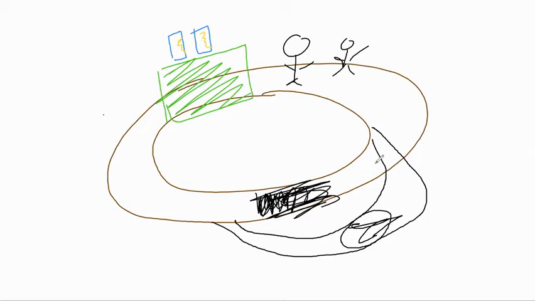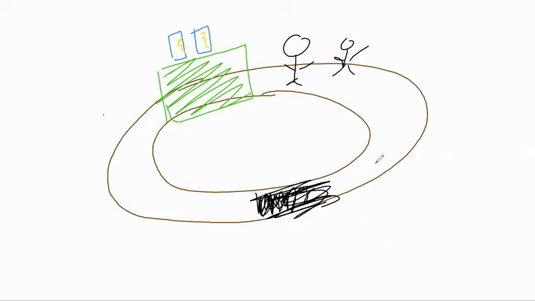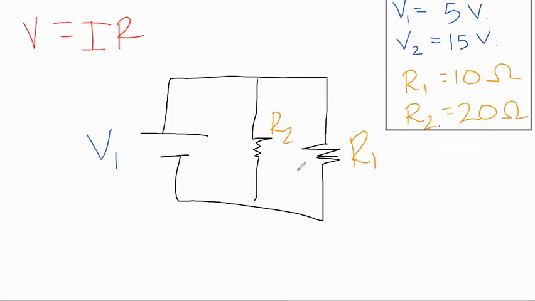So that kind of just speeds up the overall process. So in general, this is what we call two resistors in parallel. Whenever you have multiple resistors in a position where you don't have to go through both of them, but you can just choose which one you want to go through, that's when you have a parallel circuit.